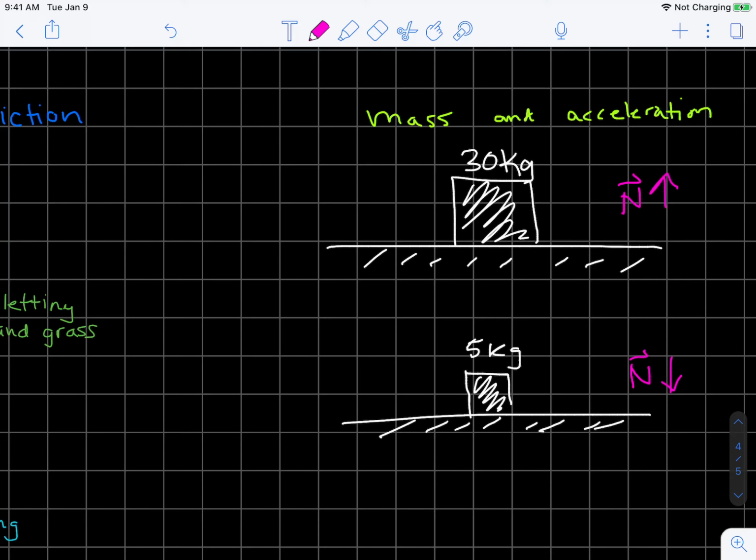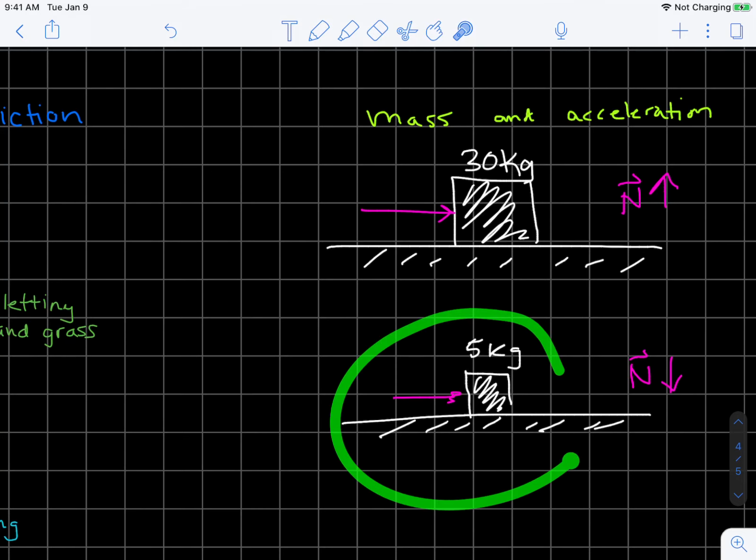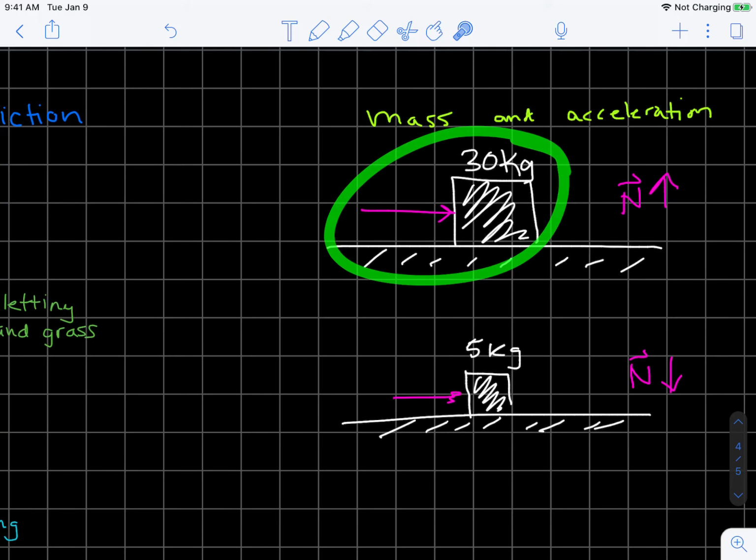Mass and acceleration have to do with how much force is going to act against my motion. So if I want to push on an object, it's going to be easier to push this object, so the friction is relatively low compared to this object.